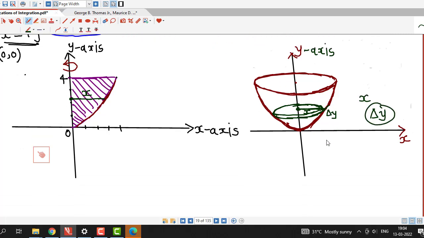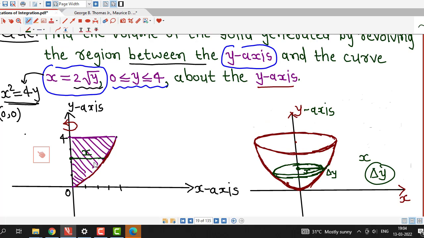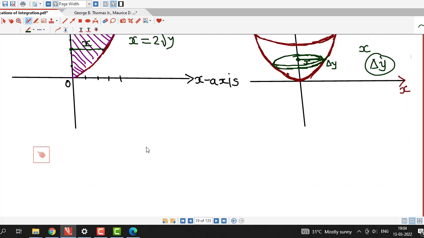So once we have this, we can have the value of x in terms of y. It is already given that x is equal to 2 square root of y, and y lies between 0 and 4. So once we have this radius of the circular disc, we have the formula for the volume of the solid which is generated.